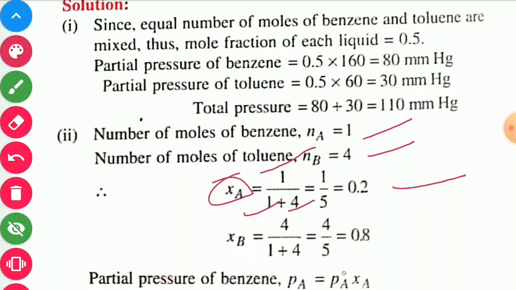Similarly, the mole fraction of component B is equal to 1 minus the mole fraction of component A, so that will be 0.8. Or we may solve it directly: the mole fraction of component B, that is toluene, will be equal to the number of moles of toluene upon the number of moles of benzene plus the number of moles of toluene, that is 4 upon 5, that is 0.8.